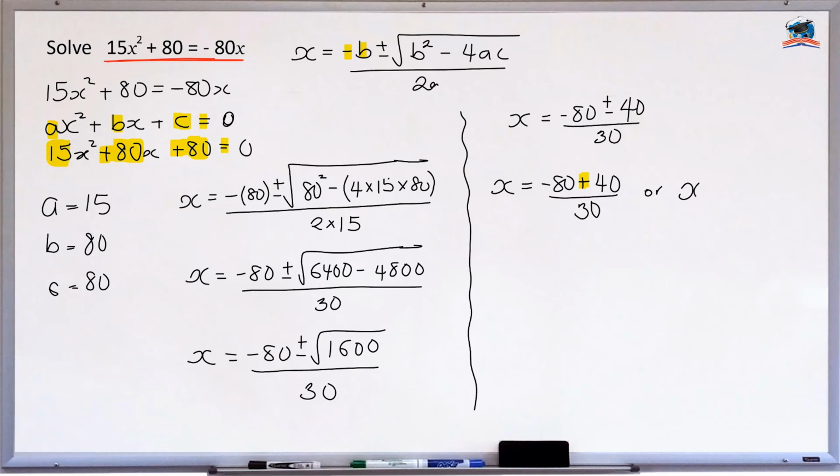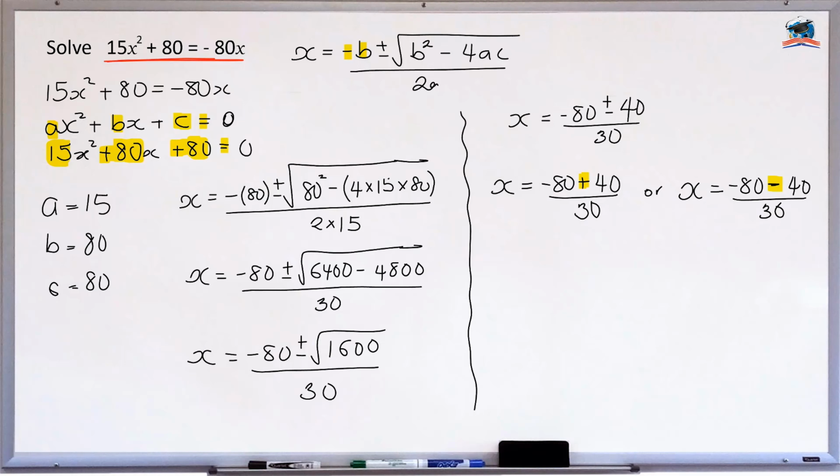We have our x here will be minus 80. This time we're going to go for the negative. Let's highlight that. Yeah, negative there, and then we have our 40. Beautiful. All over what? All over 30. Okay, let's break this down.